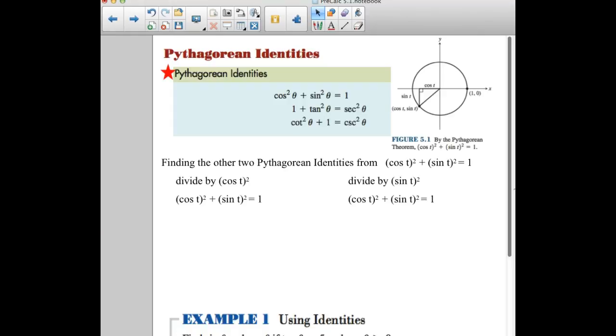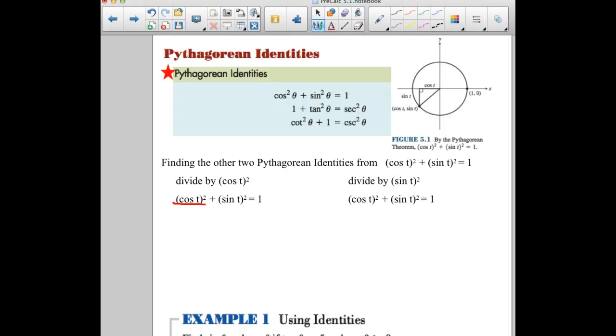So look what happens if we take our original cosine squared plus sine squared equals 1 and we divide everything by cosine squared. Cosine squared divided by cosine squared is 1. Sine squared divided by cosine squared is the same as saying sine over cosine quantity squared, and that's just tangent.